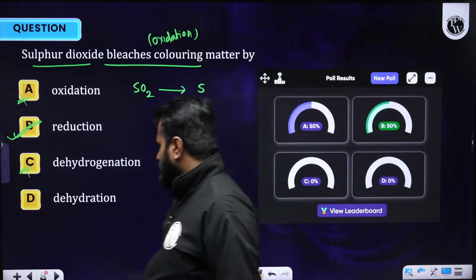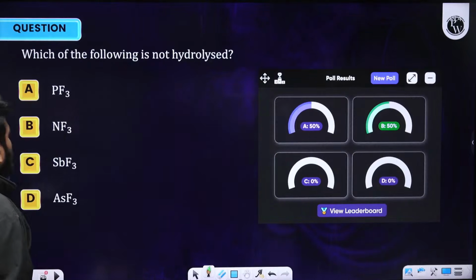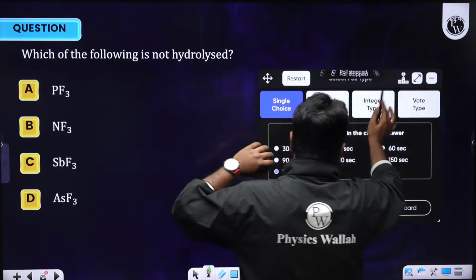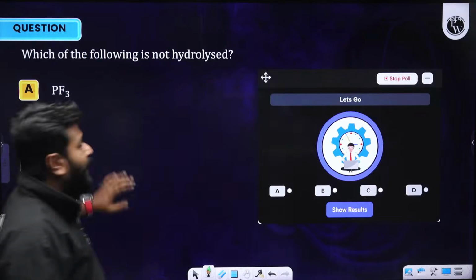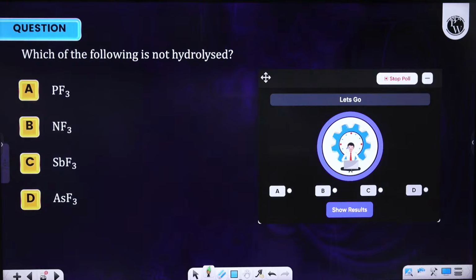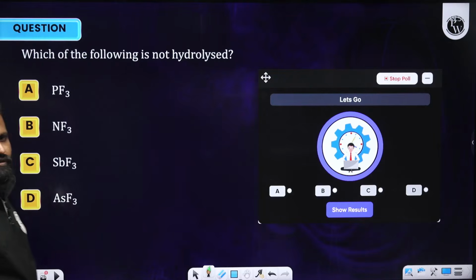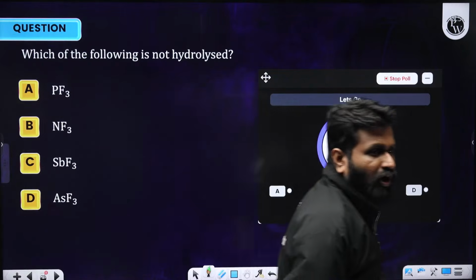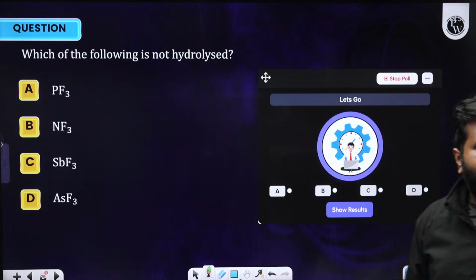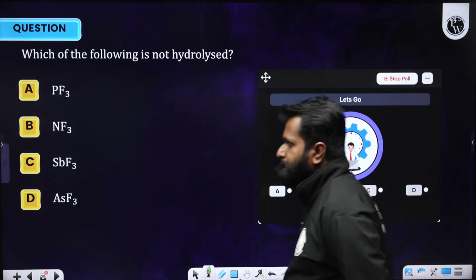correct answer. Next. Which of the following is not hydrolyzed? Which will not undergo hydrolysis? Very simple.